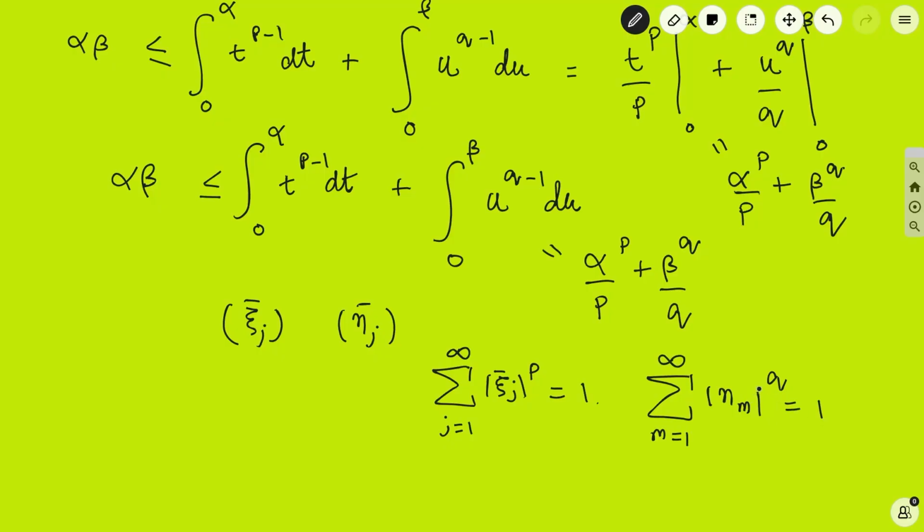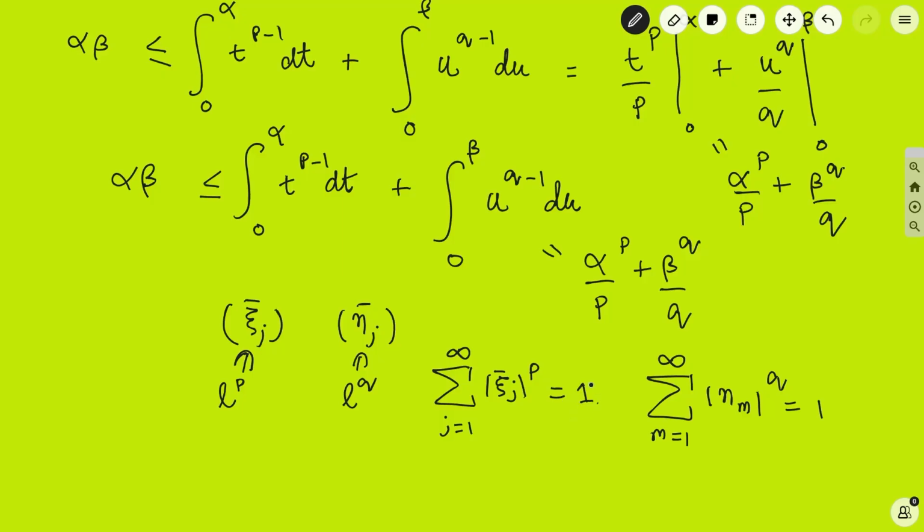So if you know functional analysis, you know that this belongs to the LP space and this belongs to the LQ space, right? Basically, what's the definition of LP and LQ? You have the sequence, and when you sum them, you take individual terms raised to the power p. It should be 1.